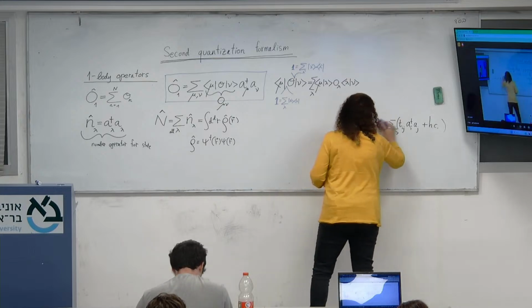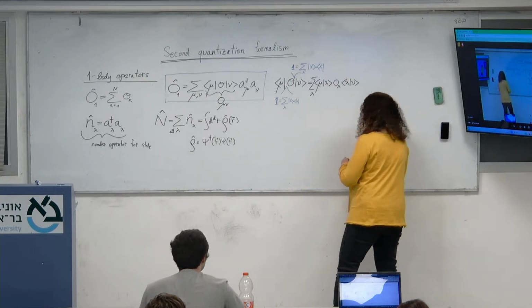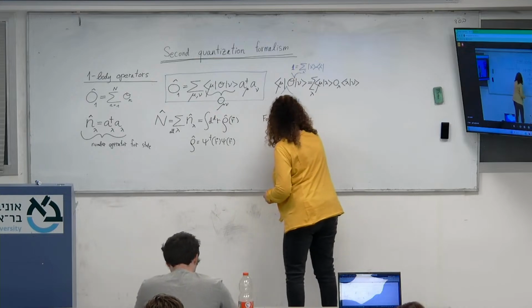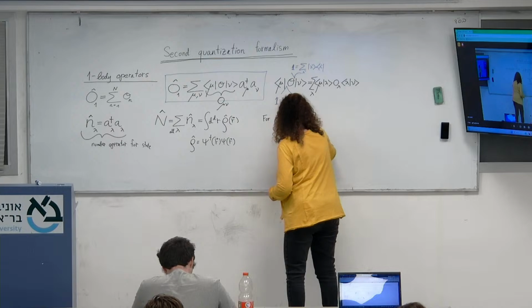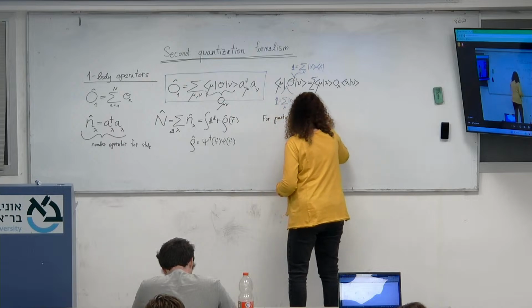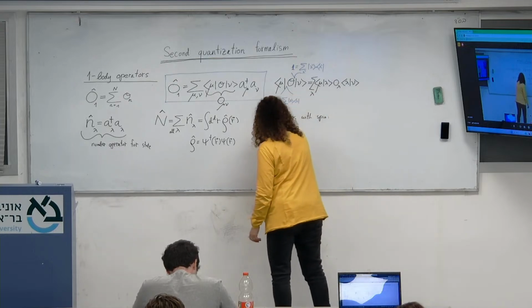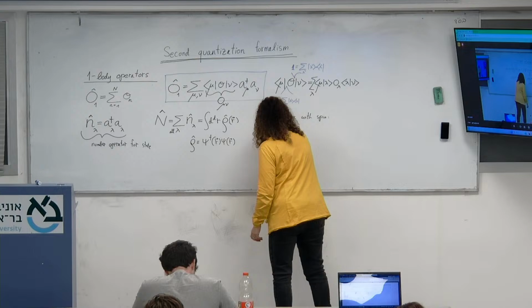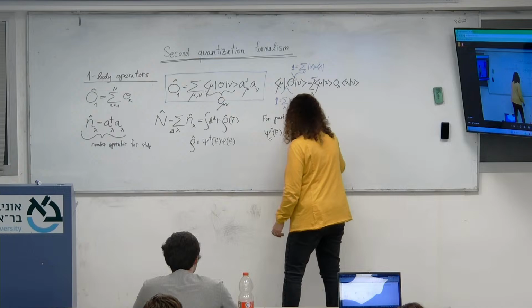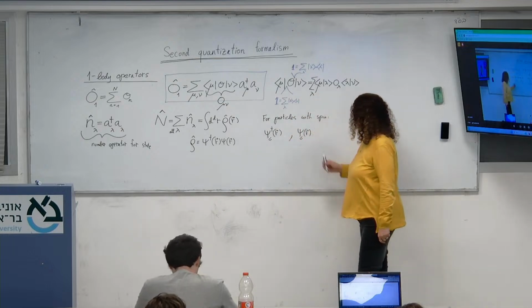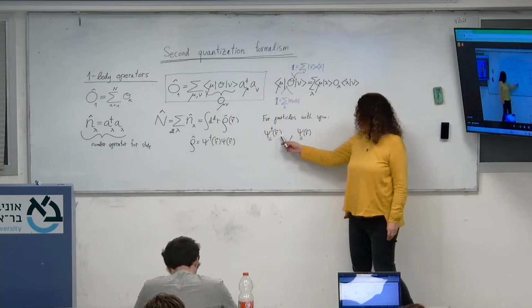you can define, so let me write it here, for particles with a spin, psi and psi sigma. Creation and annihilation, what do they describe?